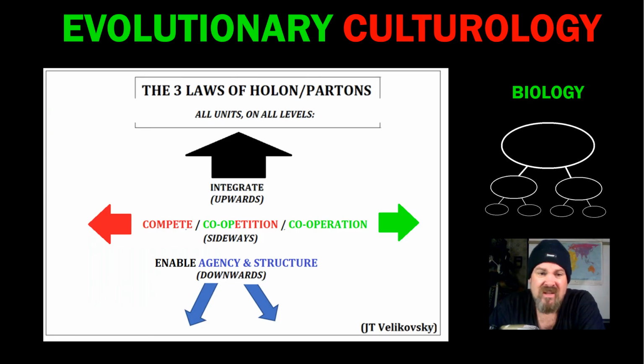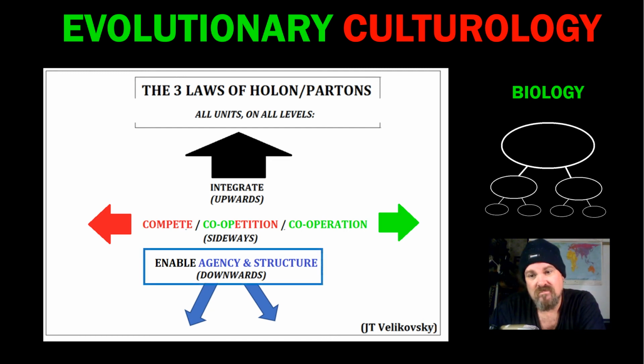And so here's our 3 laws. Maybe when we're looking at biology, it's better to call the 3rd law enabling agency and structure downwards. So that's the 3rd law highlighted there.